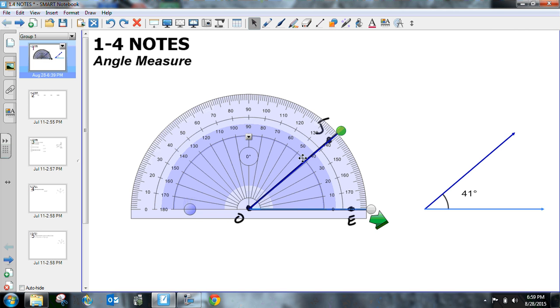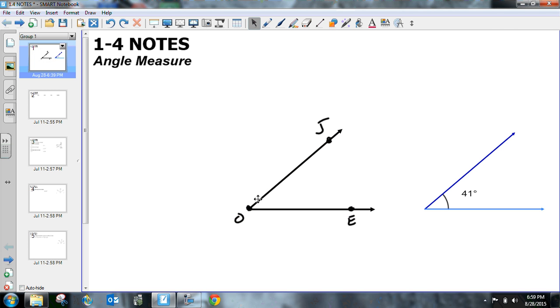And we have a bunch of different kinds of angles. The one thing I want to do is say how we would name an angle like this. Now we use all 3 points when we do this. We use the J, the O, and the E. And so I would call this angle, and this little symbol right here denotes angle, EOJ, okay?